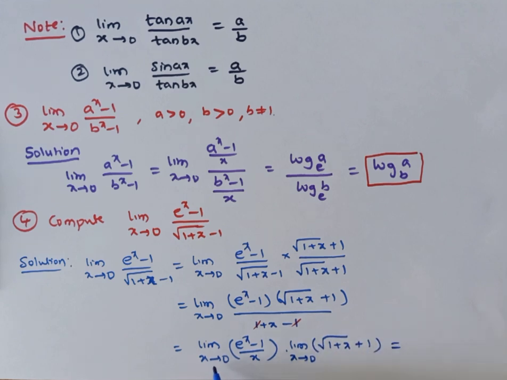Then what happens, here limit x tends to 0 of (e to the power x minus 1) by x is already known to be 1, right? Now apply the limit to the other factor, root of 1 plus 0 plus 1, so 1 into 1 plus 1, so finally this is 2. So the limit for the given function is 2.